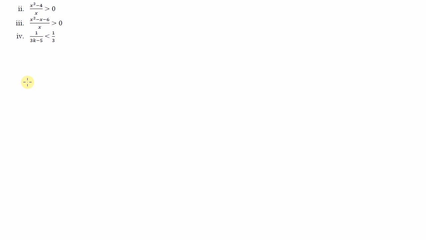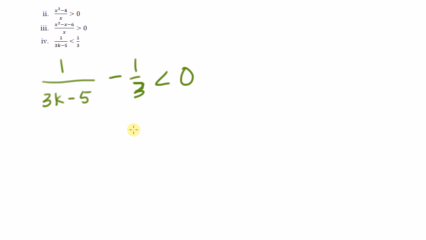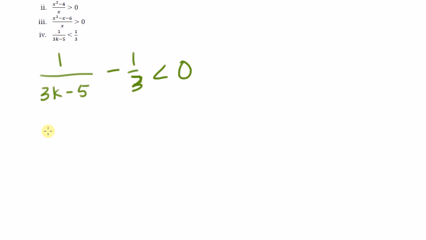Okay, so for the last one, we have 1 over 3k minus 5 minus 1/3 is less than 0. So what I'm going to do here is combine these fractions.